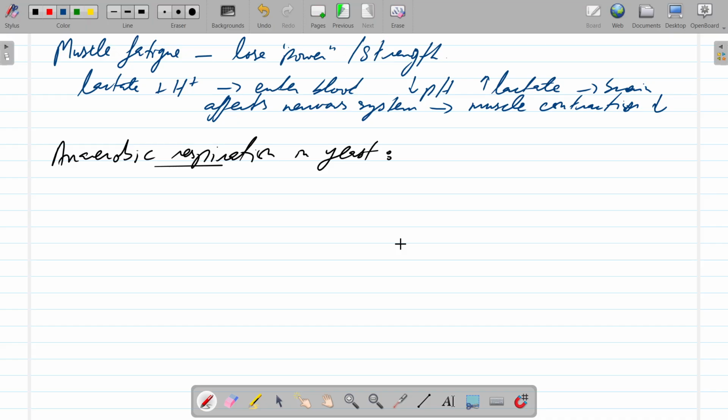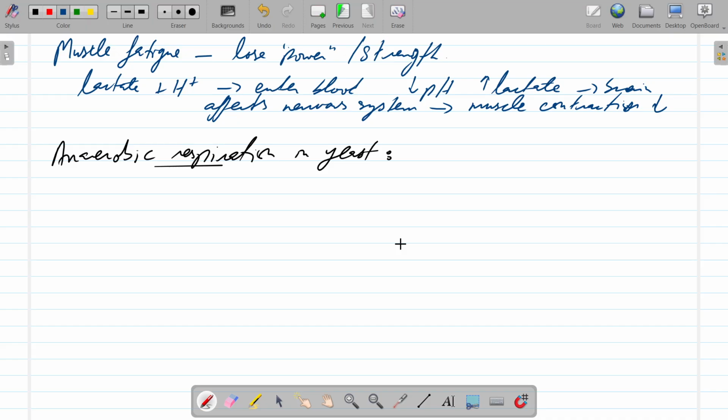Rice fields are flooded with water, and so the roots don't get oxygen, because obviously the oxygen concentration in the soil is low compared to the air anyway, and then it's submerged in water, and so that further reduces the oxygen available to the roots, and that creates anaerobic conditions. So anaerobic respiration occurs in plants as well.